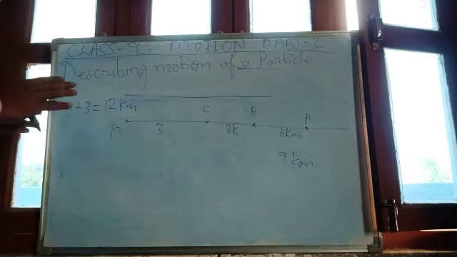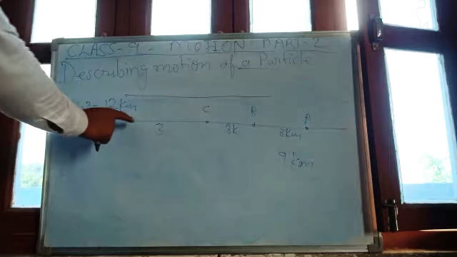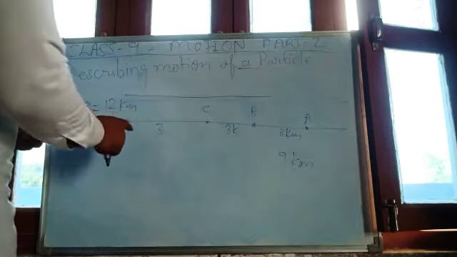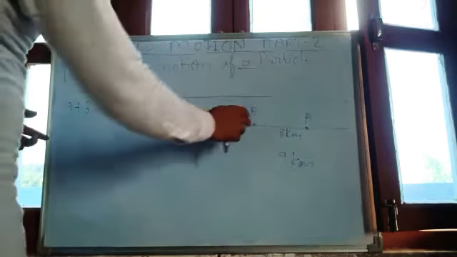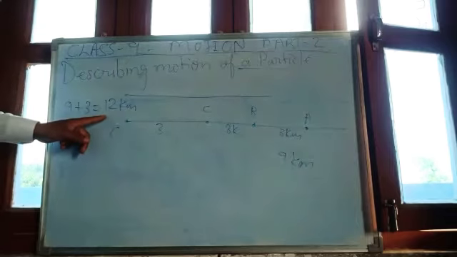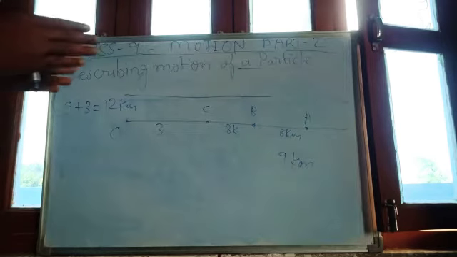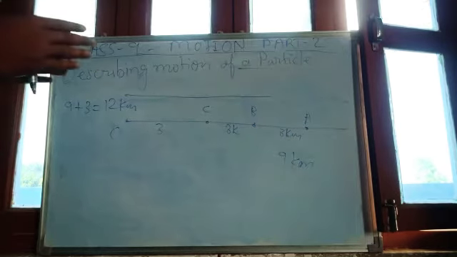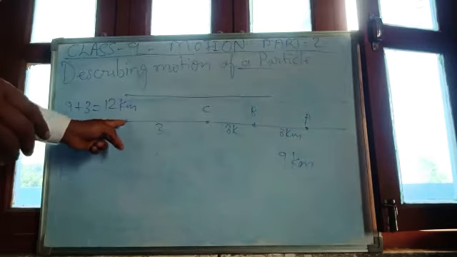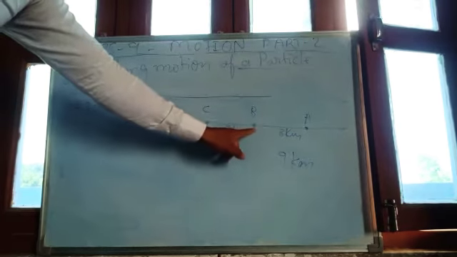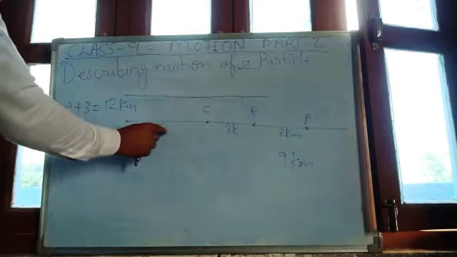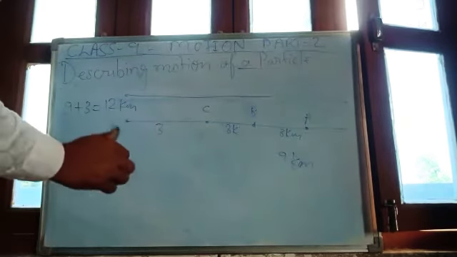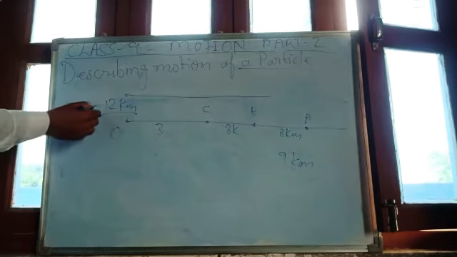But in this case, the distance covered by the particle from O to B is 12 km. But if you calculate the distance between the initial and the final position, you will find 3 plus 3, 6 km, which is different from 12 km.